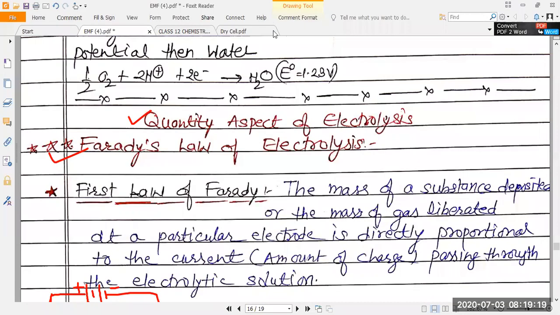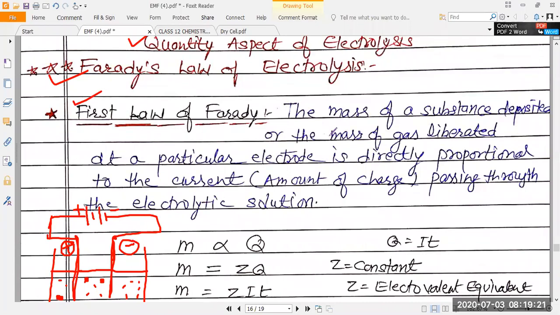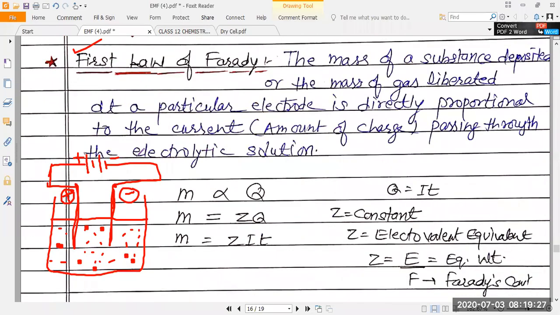Okay, according to the first law of Faraday, the mass of substance deposited or the mass of gas liberated. See, the product may be in gaseous form and the product may be in solid form. If a product is in the form of solid, then it will deposit on the electrode. And if the product is in gaseous form, then the gases will be liberated at the anode and cathode side.